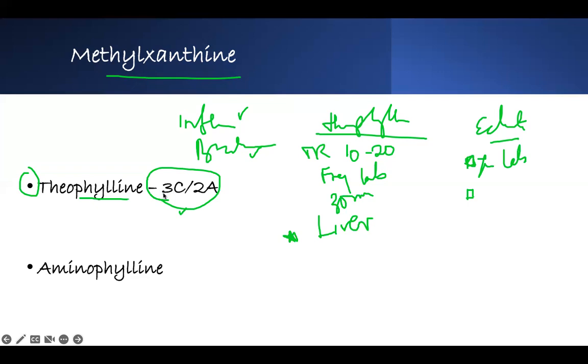I call it the 3 C's and the 2 A's. So the 3 C's, the specific medication that you avoid, Salmeterol. Okay, Salmeterol. They cannot take this medication at all. Another C is caffeine. Don't take caffeine. So no coffee.